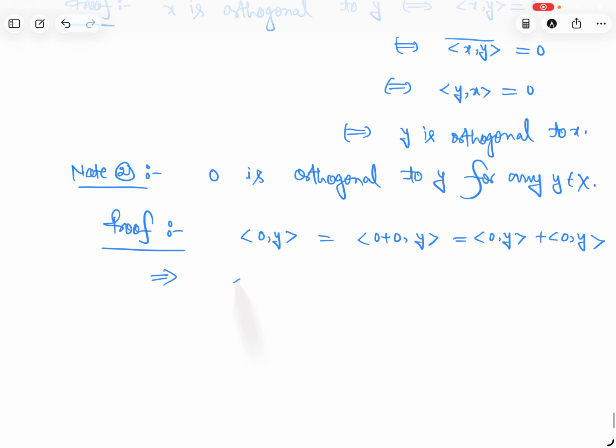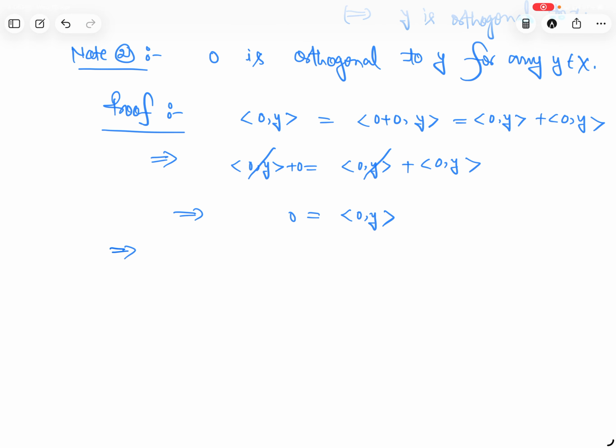So we have 0 y is equal to 0 y plus 0 y. That means this will be cancelled out. I can add 0 also. That means 0 is equal to 0. So this implies 0 is orthogonal to every element y in X. Okay.